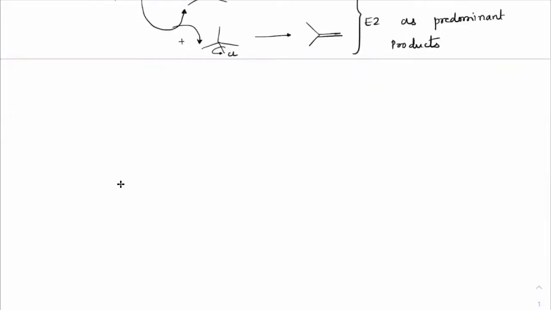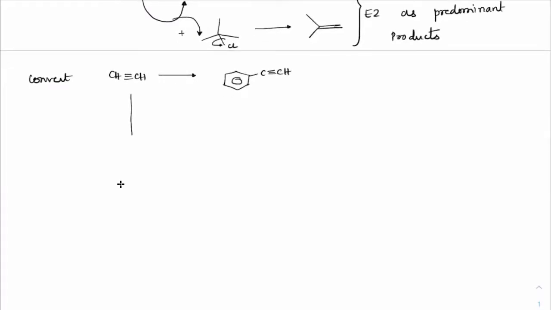For example, questions like this are asked: if you have to convert CH triple bond CH to a group like this with C triple bond CH, how can we do that conversion here? First we treat with NaNH2. We will get CH triple bond C minus.